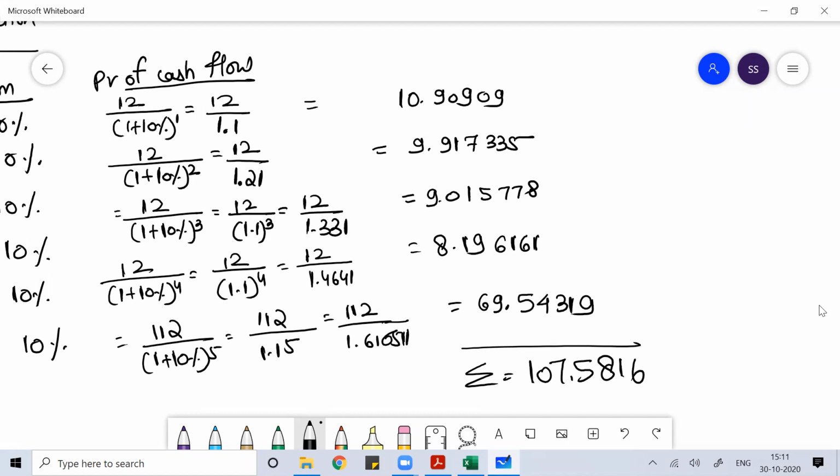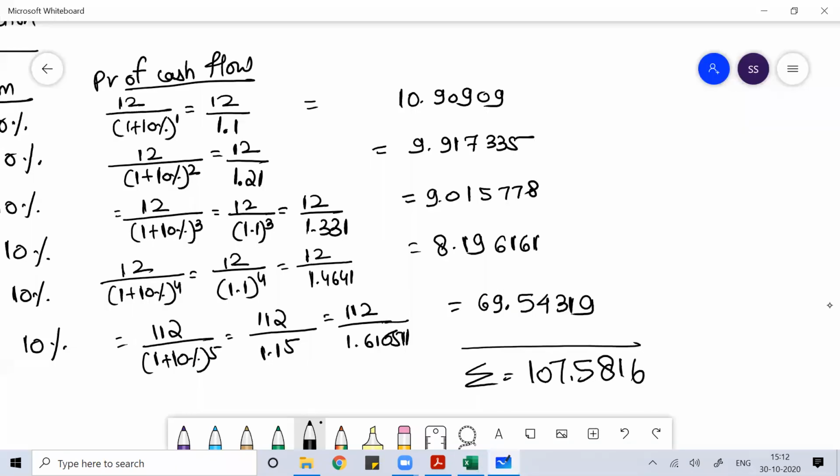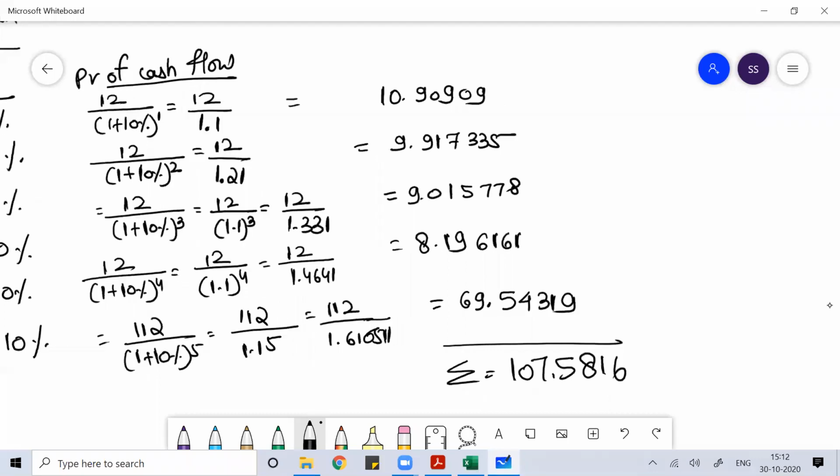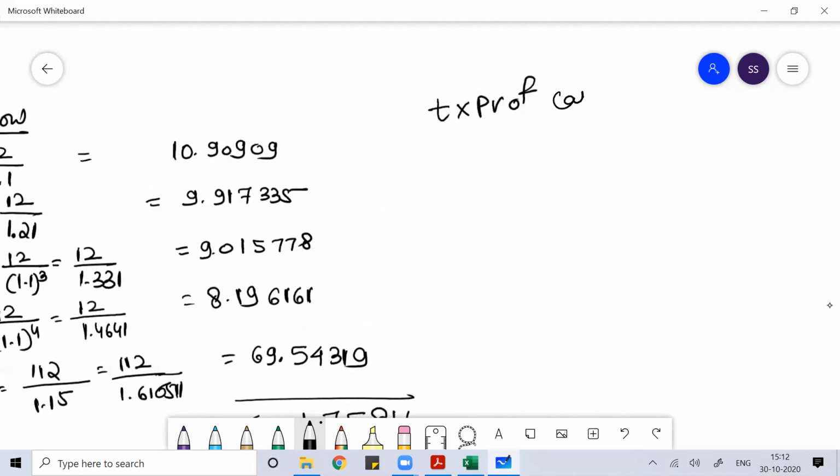Anyone, any doubt? So once you get the present value of cash flow, now multiply t into the present value of the cash flow to find the duration.